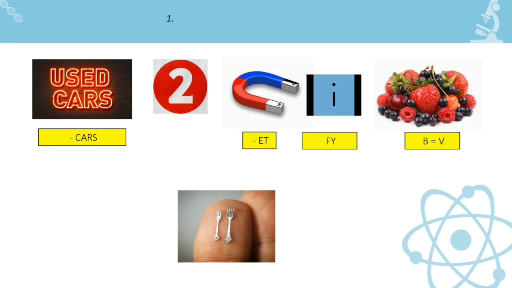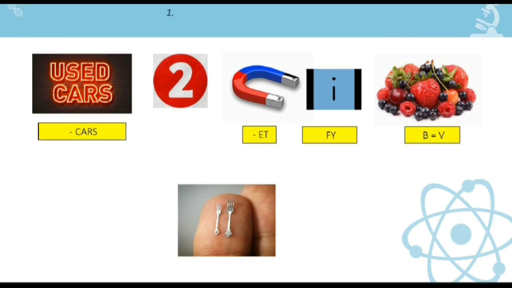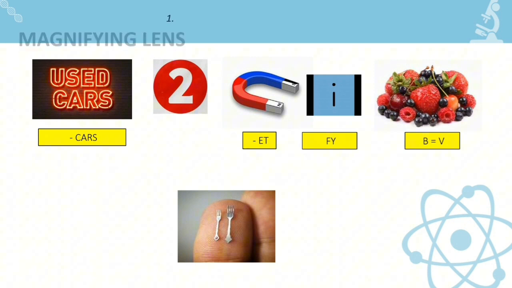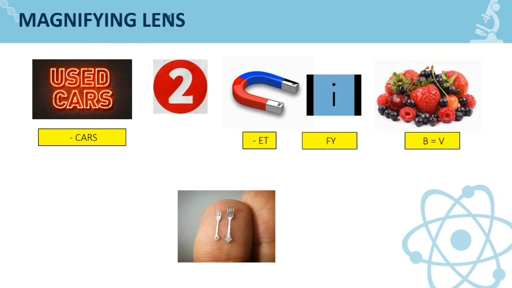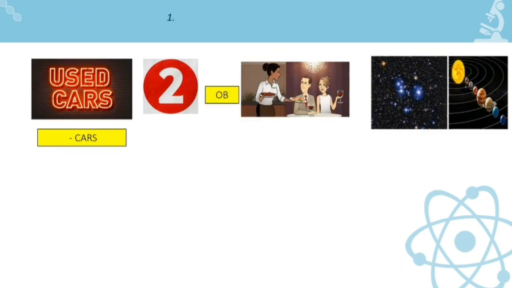Great job, class. Another. Yes, Rainiel. Very good, Rainiel. Use to magnify very small things. And what is this? A magnifying lens. Very good, class. Another.